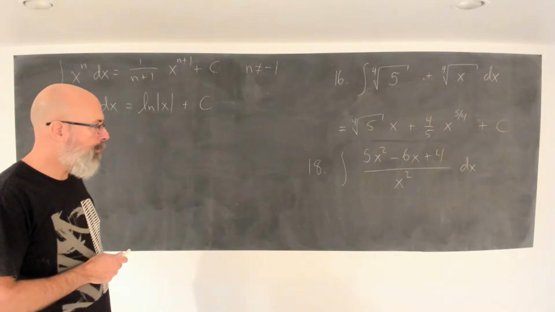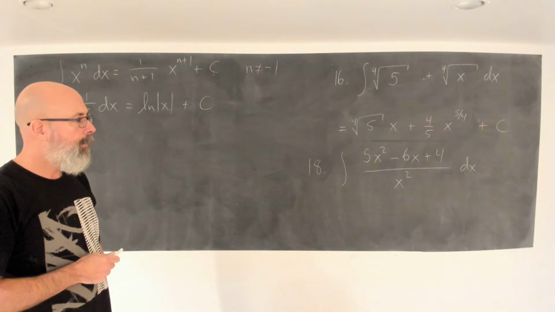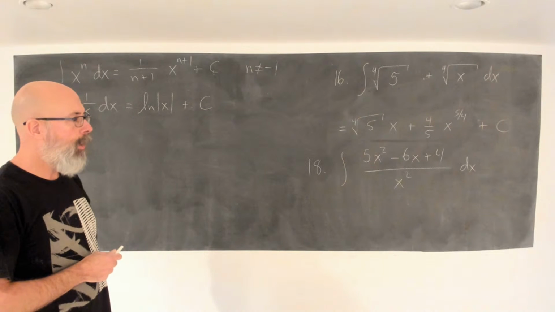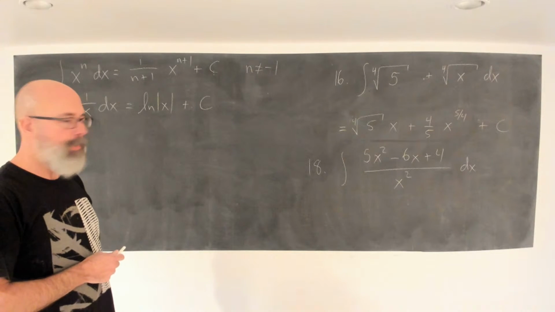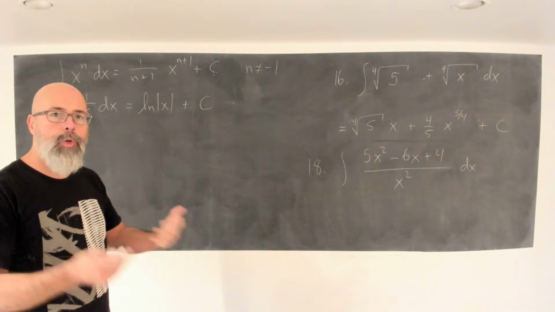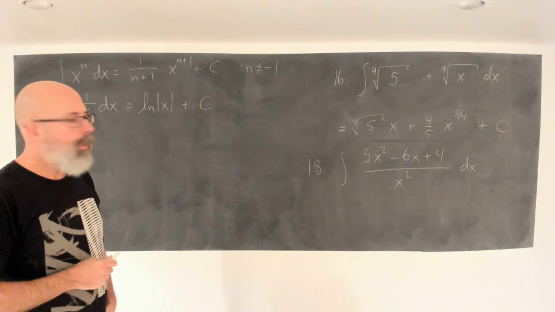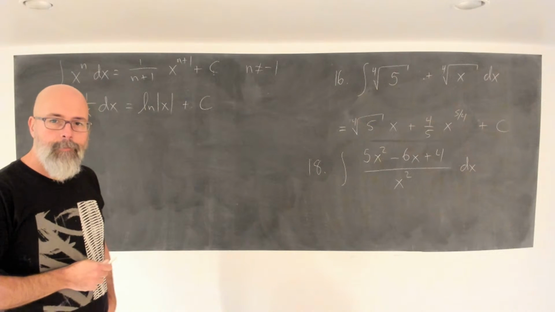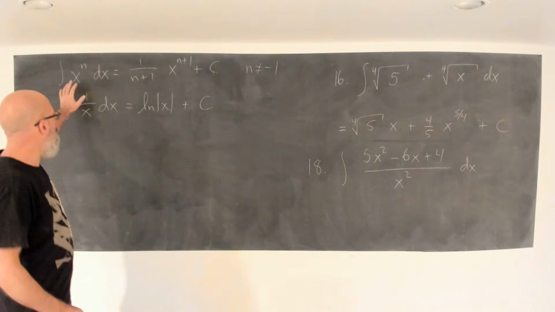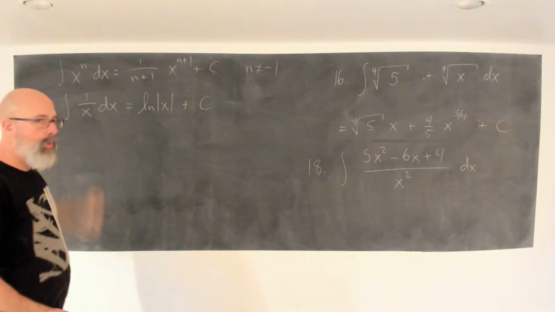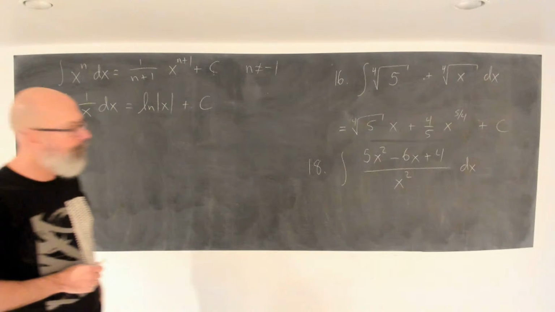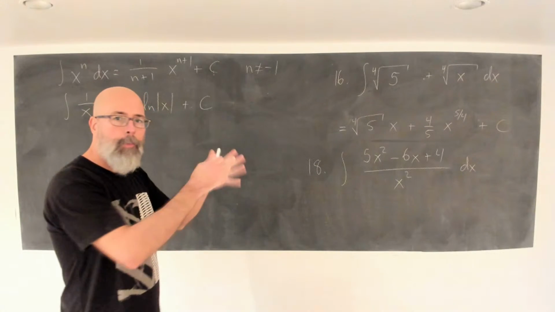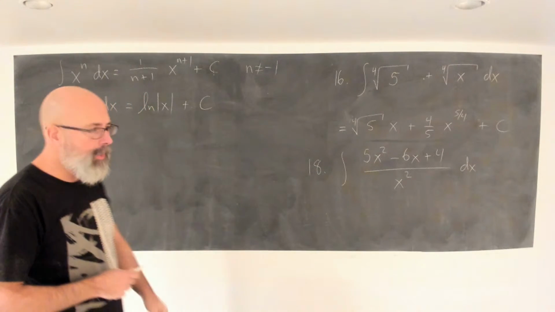Don't be making up your own rules. It's not going to go well. Instead, can we rewrite this in a way that is manageable? Can we rewrite this as powers of x? And we can, by splitting it up into 3 pieces.